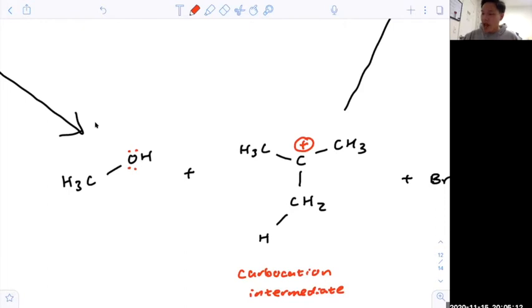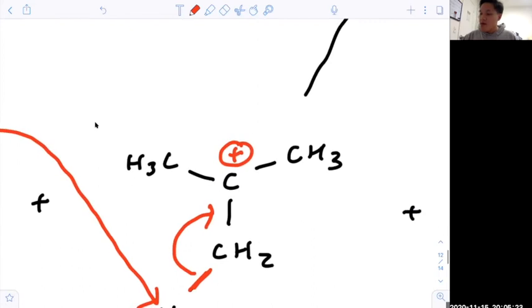So what I can do is take the hydrogen, right? And the bond between the C and H will go up here, and as it goes up here, it fulfills this carbon's octet, because now I have a positive carbon. If I move the double bond here, I'll have a formal charge of 0. I'll make it a neutral compound, right?